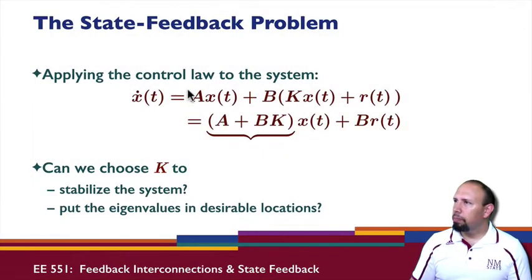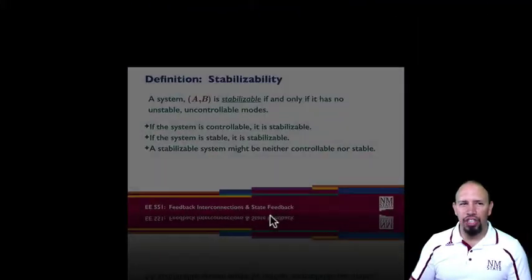When we apply the control law to the system, this is what we get for our overall system. We get a new A matrix, in fact the matrix A plus BK. The question is, can we choose K to stabilize the system or put the eigenvalues in desirable locations?